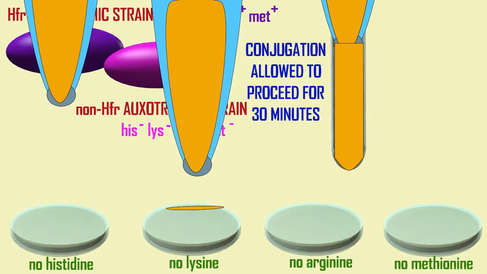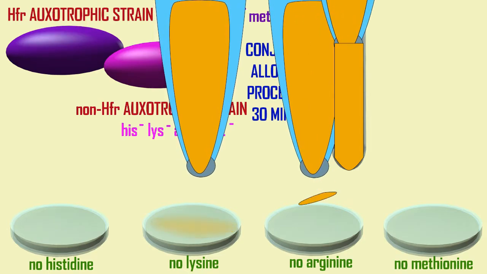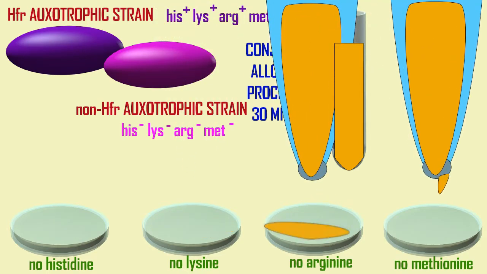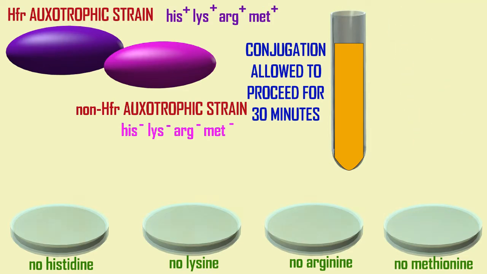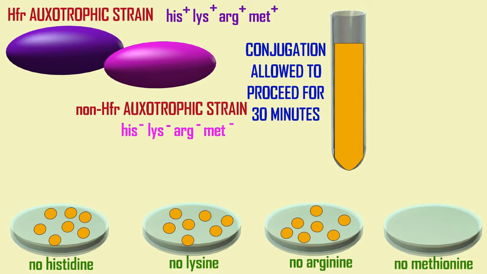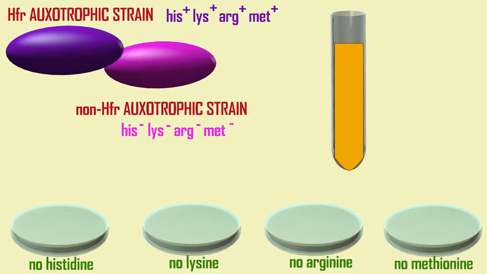The purple strain would not survive because it does not make biotin, which is missing in these plates, so it would fail. And the only bacteria of the pink strain which would survive are those which have undergone conjugation and received a gene for a protein to synthesize something that the plate is lacking.